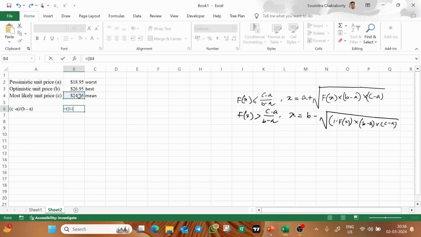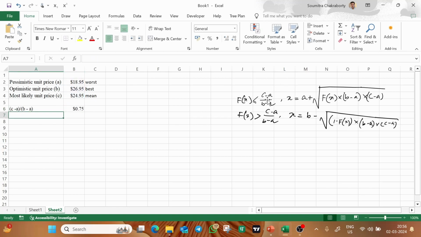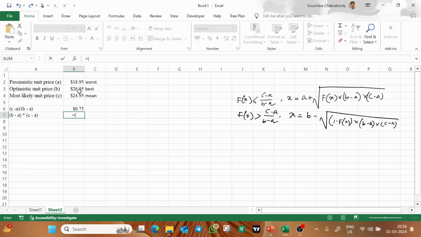So this is c minus a divided by b minus a. Okay, so we have written this one. We will also write this one: b minus a into c minus a.